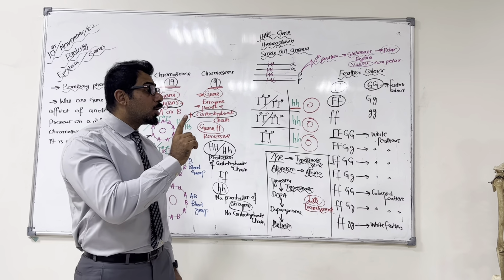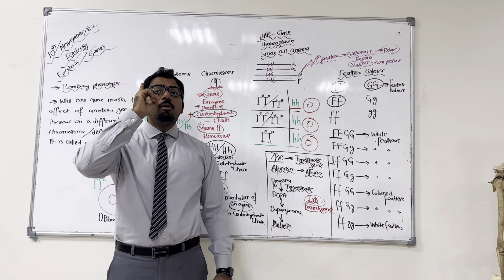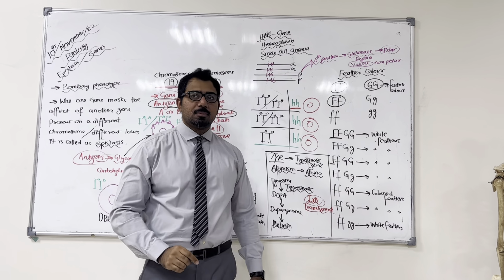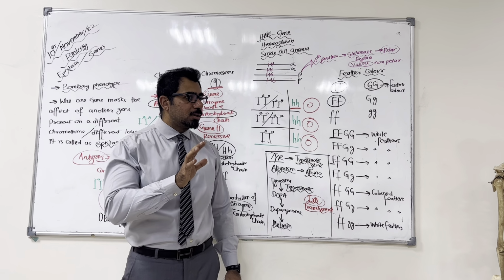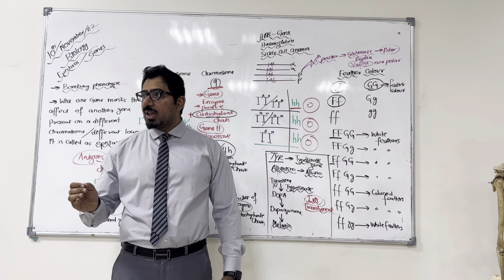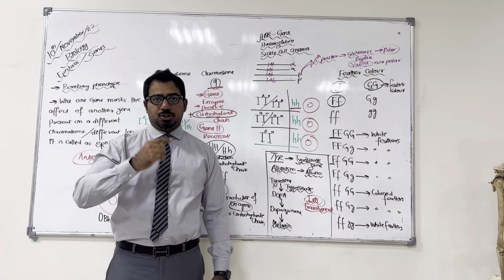And that is just because of what? Point mutation. A change in only one nucleotide at the 6th codon. You know what a codon is? Do you remember this or not? The codons that are responsible for the amino acids, right? So at the 6th codon, only one nucleotide is changed.